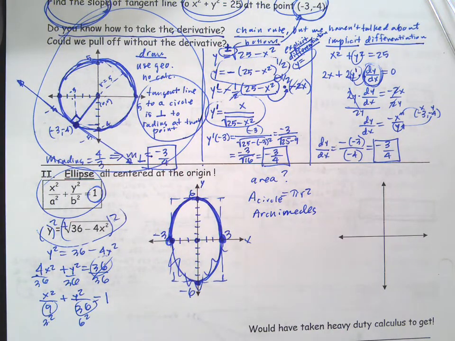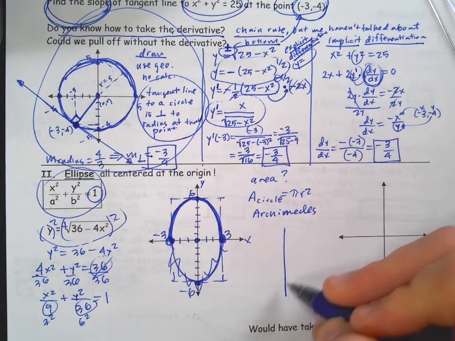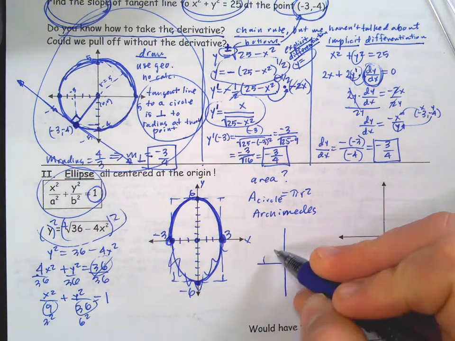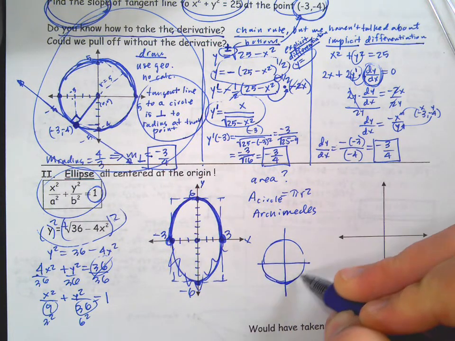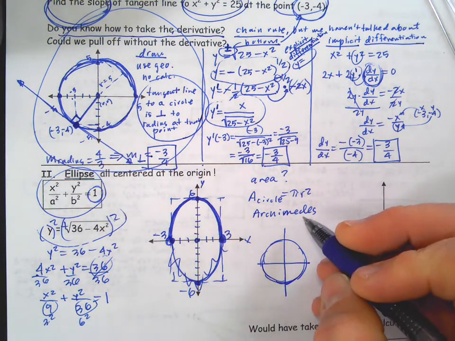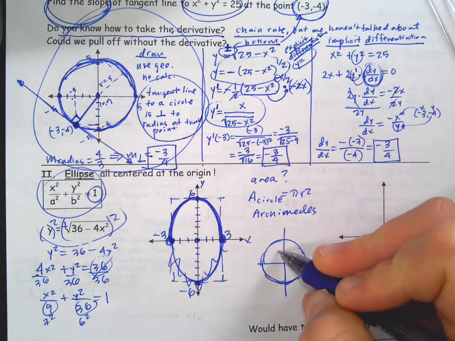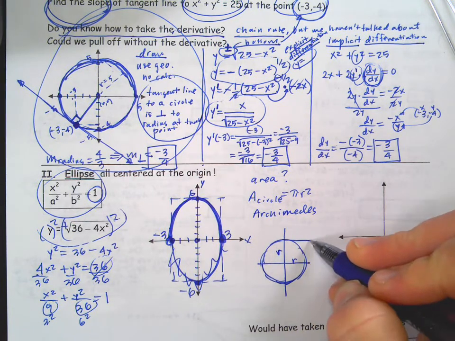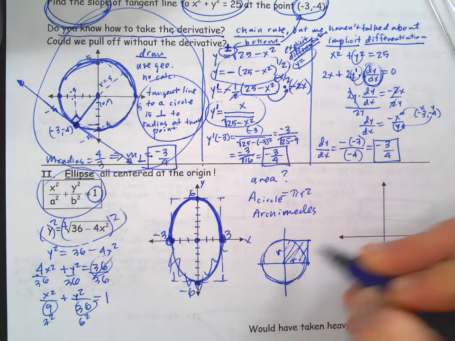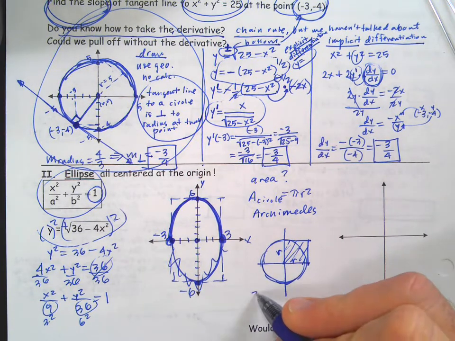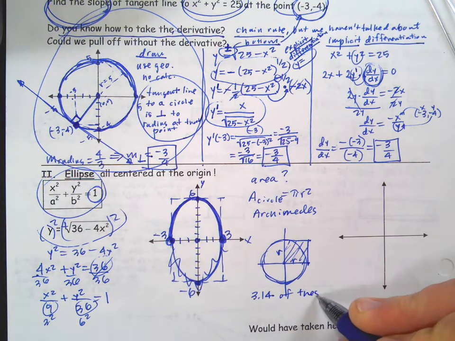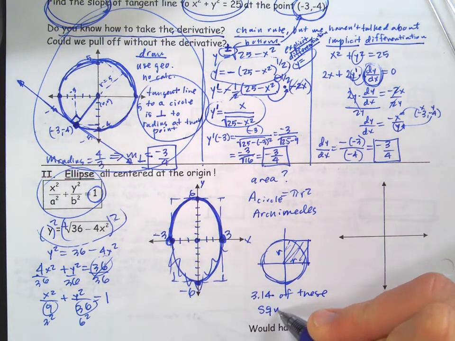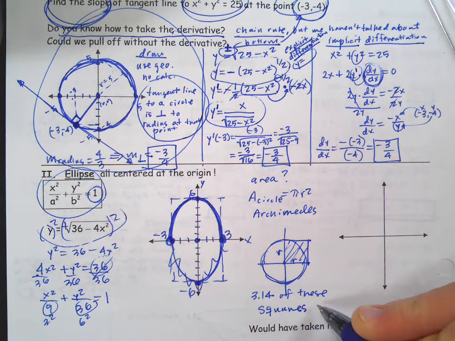And here's sort of a kind of interesting way of interpreting that: the radius squared is a square with sides r. And so we want 3.14 of these squares to make up the area of a circle.